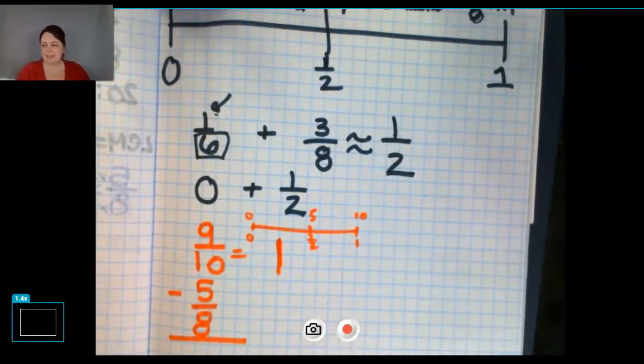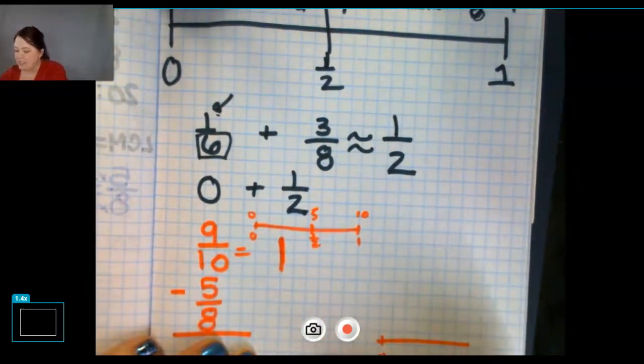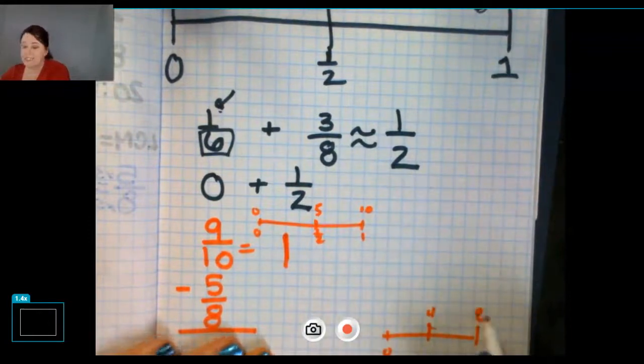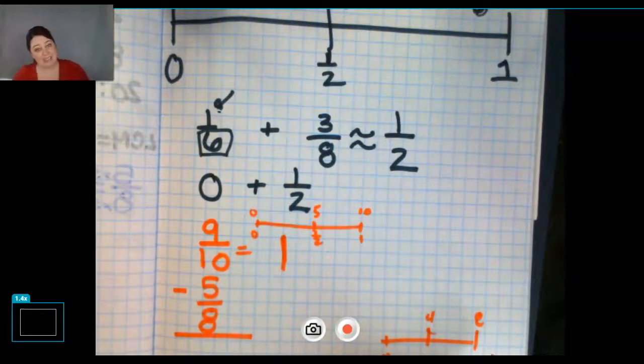Now what about 5/8? Well, I kind of just did eighths above, but I'm going to do it again. So for 5/8, I have 0. Half of 8 is 4. All of 8 is 8. So now where is 5? It's definitely in between these two numbers, the 4 and the 8, but is it closer to 4 or closer to 8? It would be closer to 4.